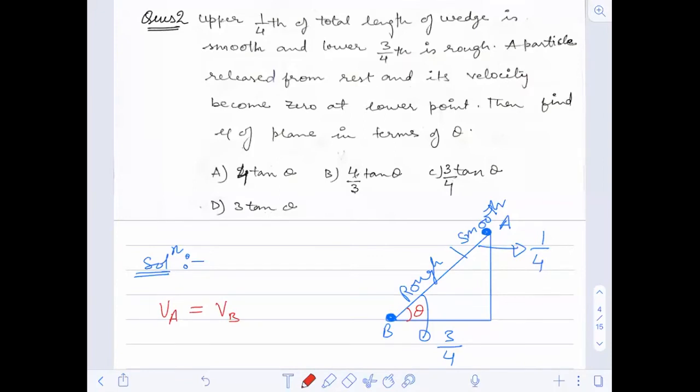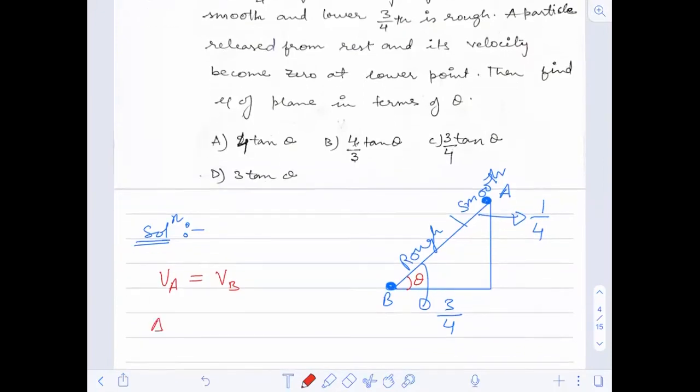And if the velocity is the same, what is the change in kinetic energy? At A I am releasing the particle, so the initial velocity is 0. At B, finally the particle comes to rest, so again its velocity is 0. So the velocity at point A and point B is the same, 0. And hence I can also say the change in kinetic energy is 0.